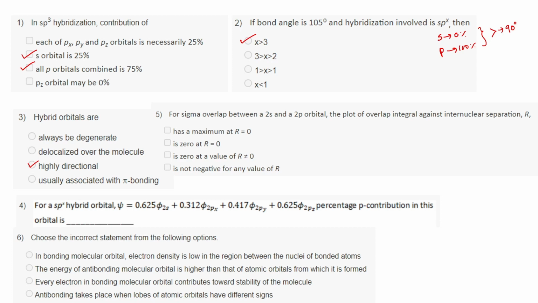So for the p orbital, how would you proceed from here? You know this is normalized, then how would you proceed for the percentage of p contribution? Square the coefficients and get the sum, right? Yes, but that would be tedious. So for this question you can get the contribution for s and subtract it from 1, or from 100.